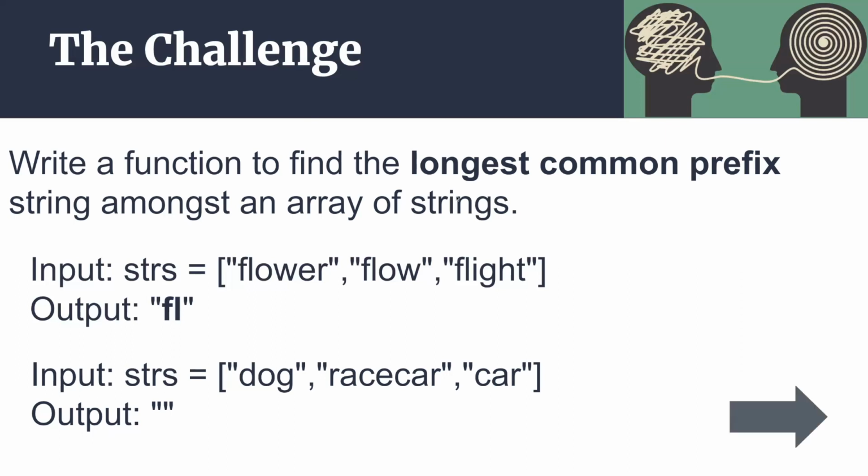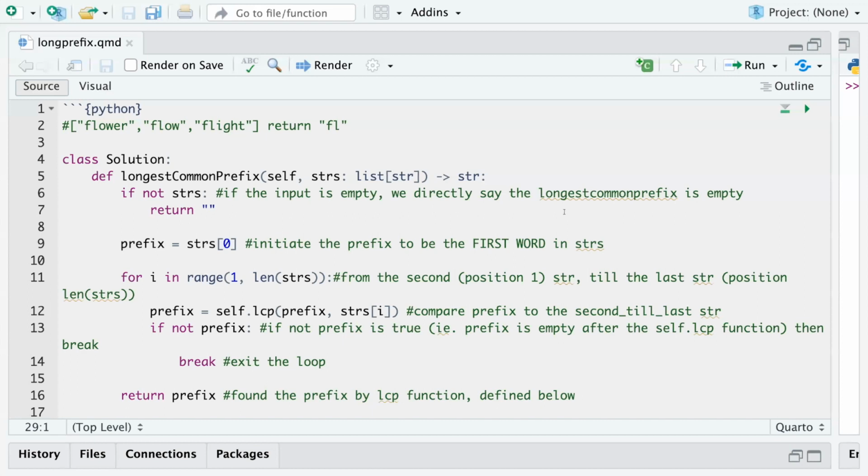Let's move to our code. For those who are watching this coding practice series for the first time, you'll find that it looks strange. It's a different coding interface because I'm using RStudio to write Python code.